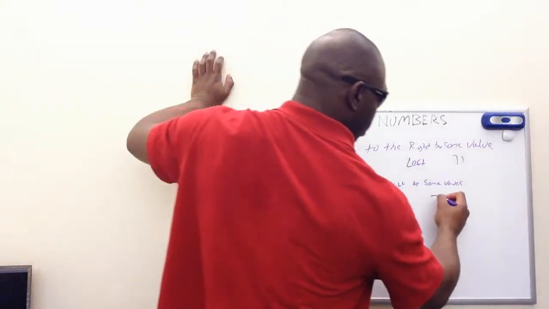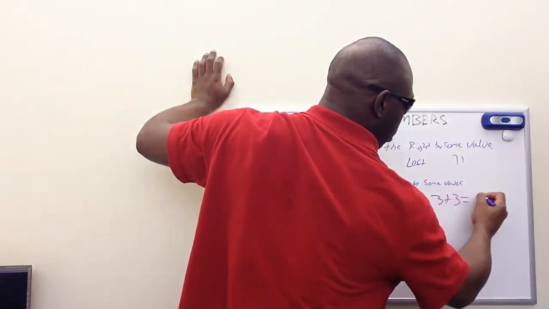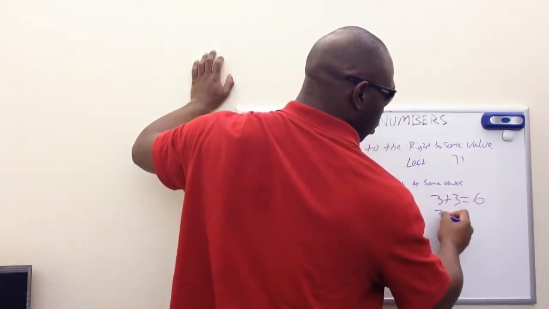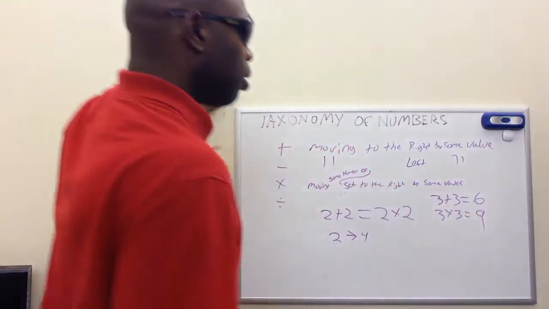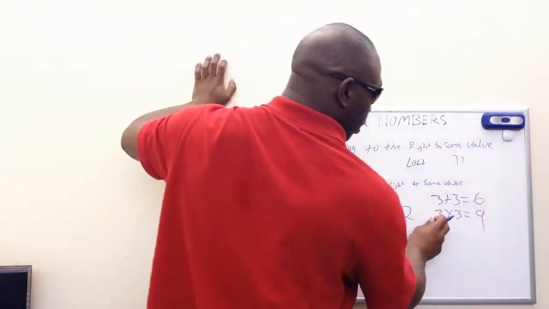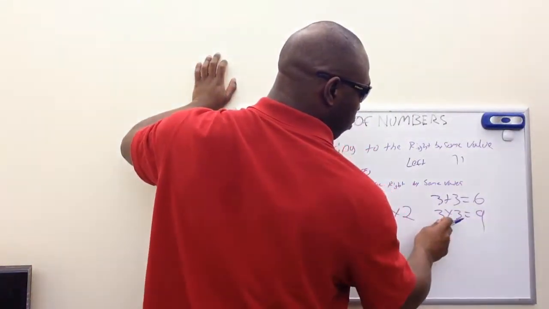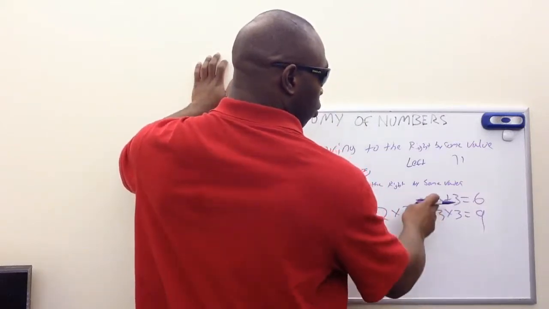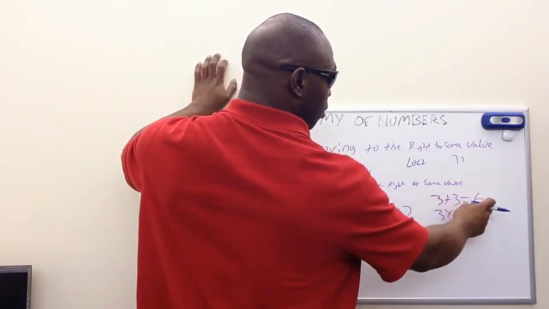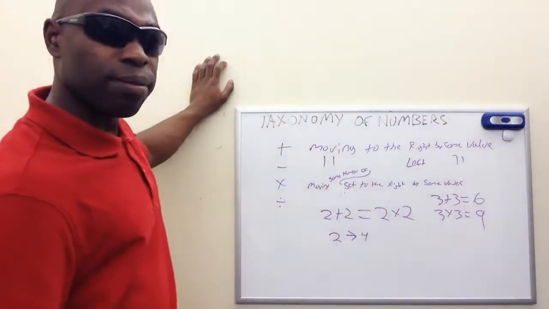3 plus 3 equals 6. 3 times 3 equals 9. There are 3 number 3's in the number 9. There are 2 number 3's in the number 6.